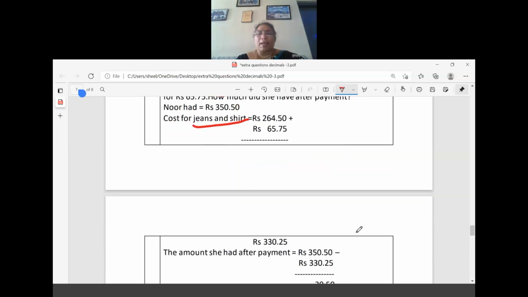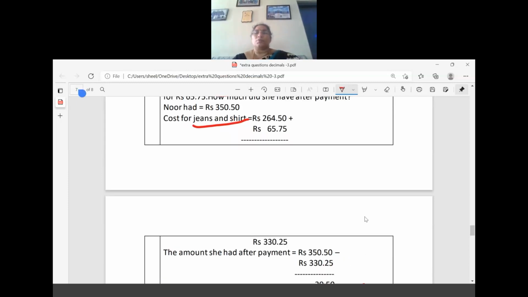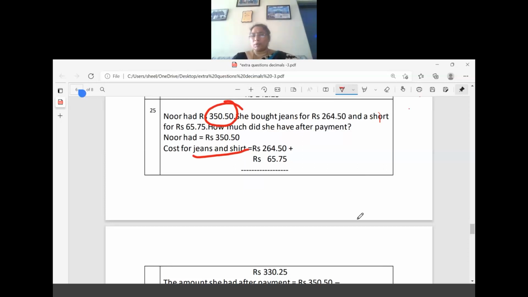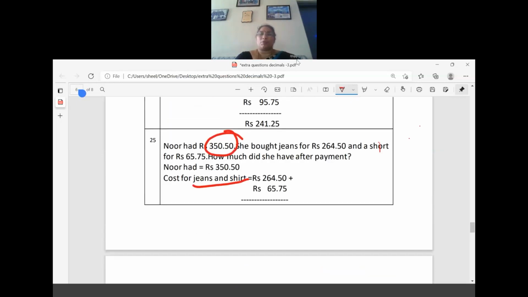So we should add them, and the amount she had after the payment is equal to 20.50. So from the total amount 350.50, we have to reduce the amount she spent for jeans and shirt. So after that, the amount we are getting is just 20.50 only.